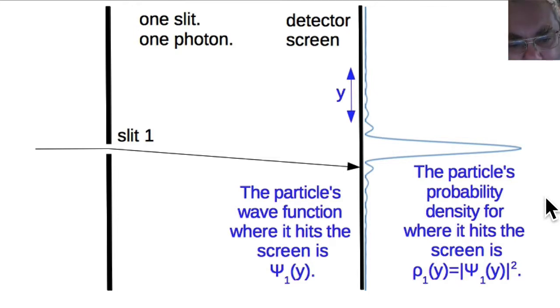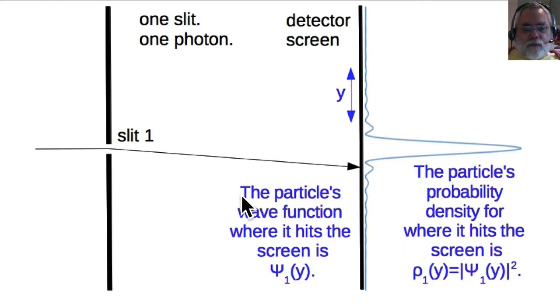We record it. We let another photon go through. We record it. One at a time, we let photons go through. We record it. And after we've let hundreds of thousands of photons go through one at a time and looked at the recording, we see the particle's probability density for where it hits the screen. Looks kind of like this for one slit.